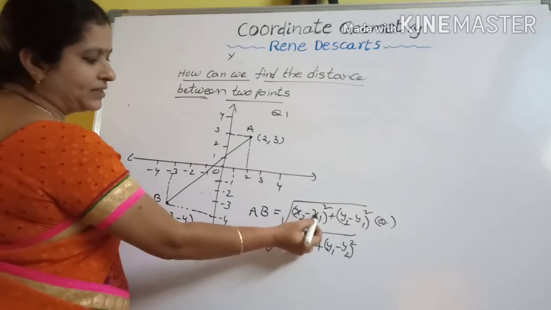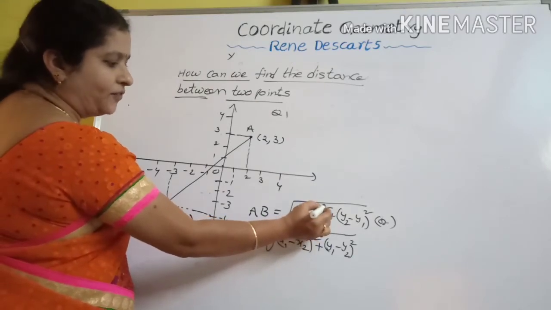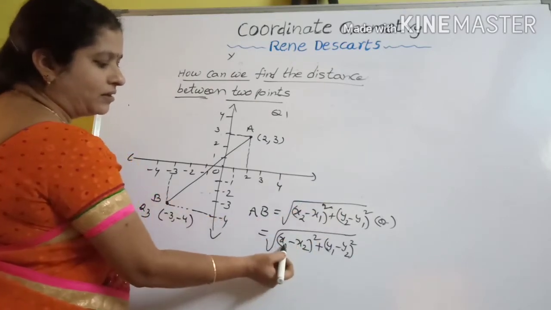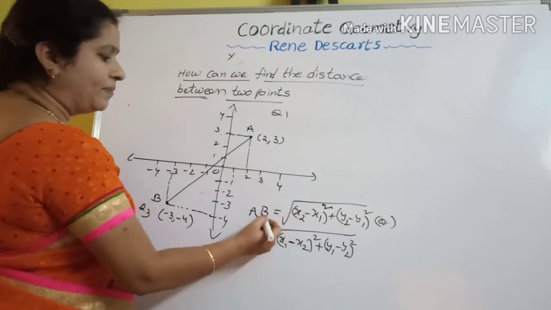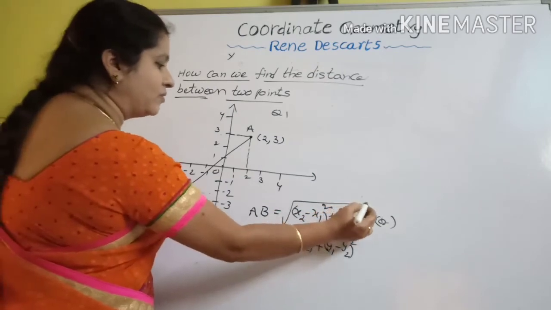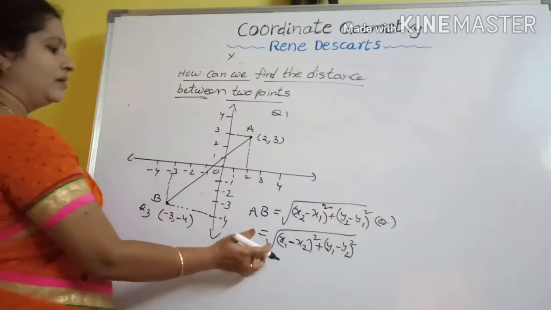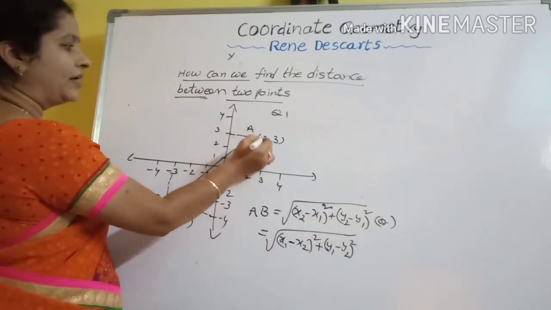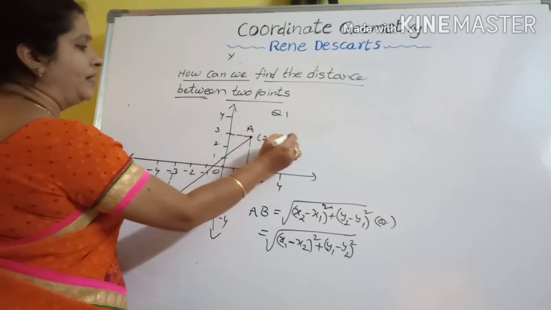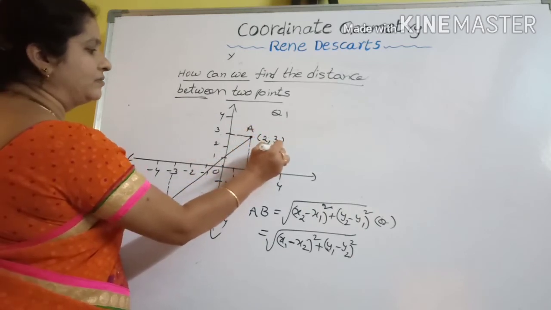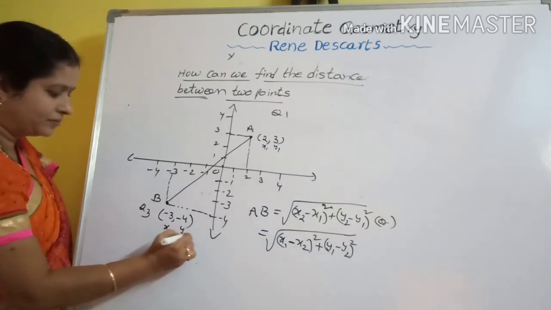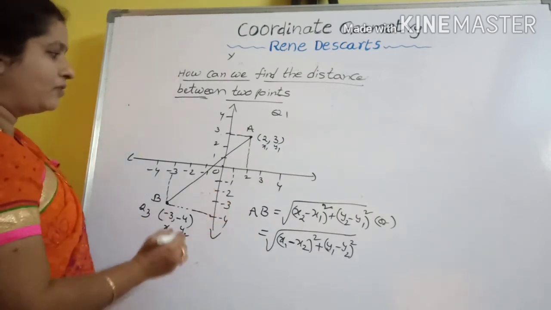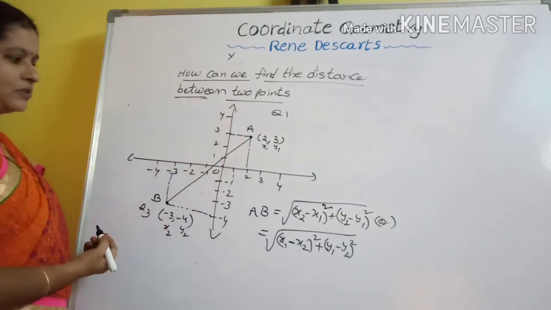Why? If you square the number, the negative number also becomes positive. So AB equals square root of x2 minus x1 whole square plus y2 minus y1 whole square. Here we are taking the points A(x1, y1) and B(x2, y2). By using this formula we can find the distance between these 2 points.